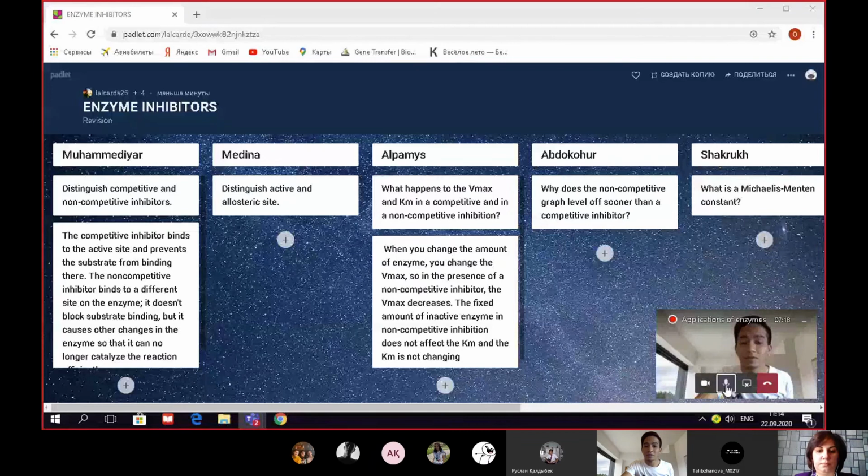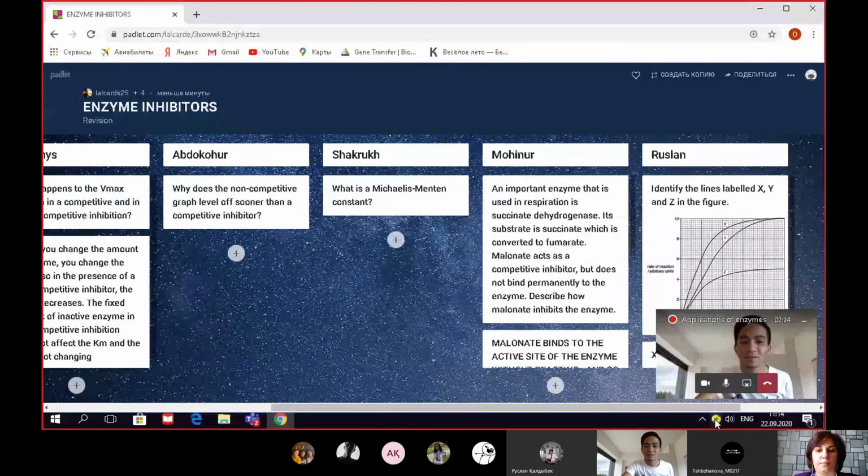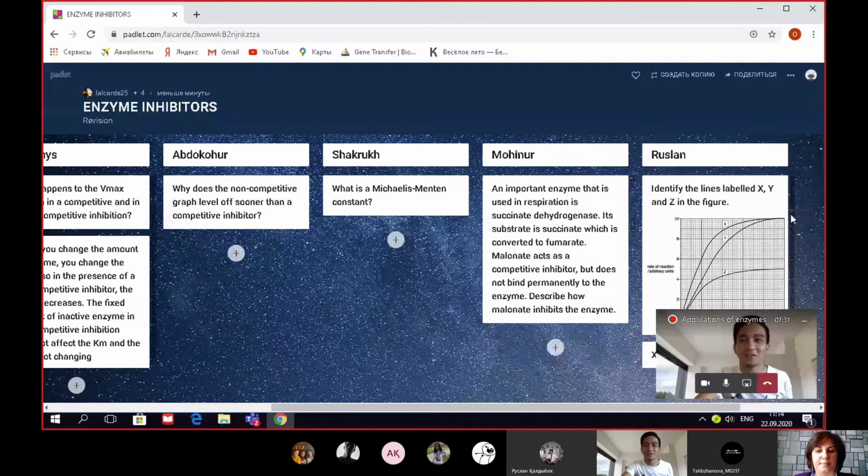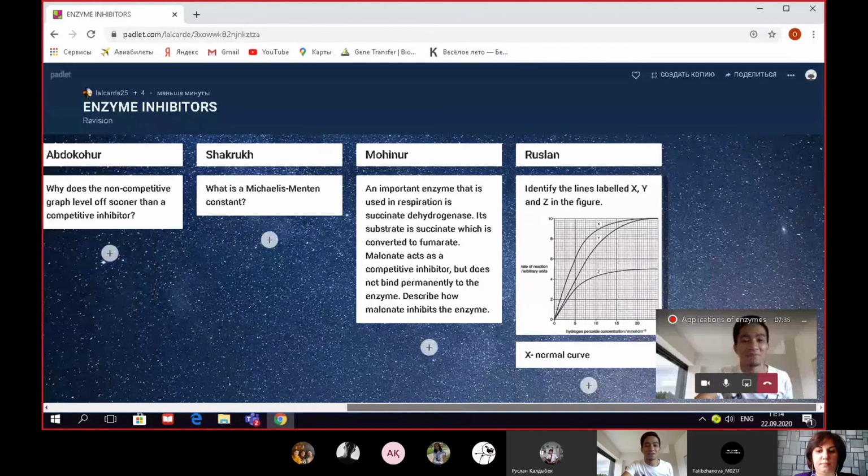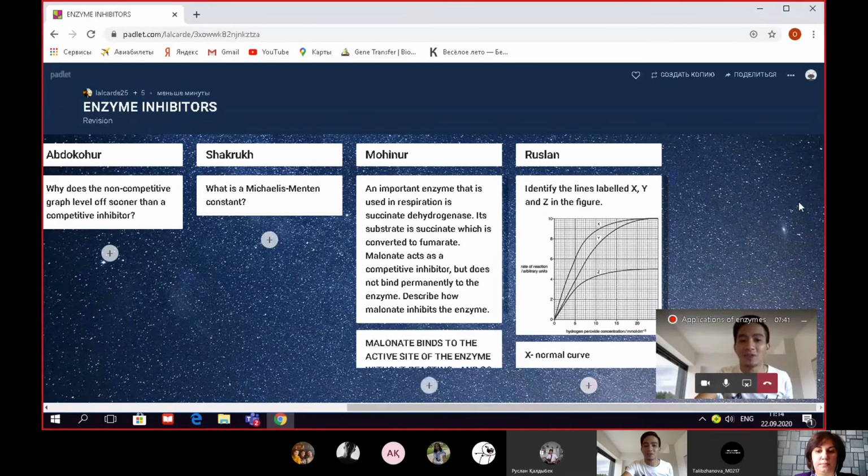Which one will increase, Km or Vmax? Km will increase, okay? But Vmax will still be the same. It will still reach the same Vmax as long as you increase the substrate concentration. So could you please add that in your answer?